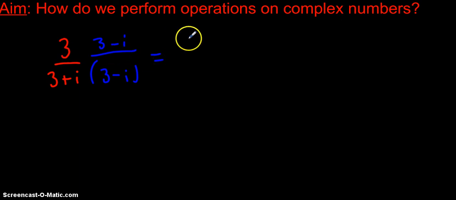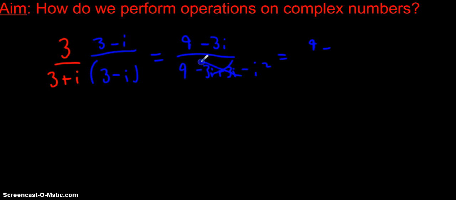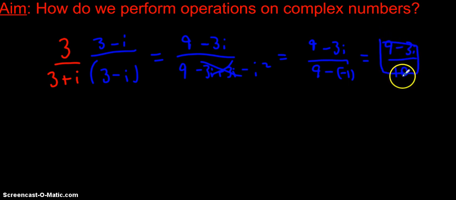So the numerator will become 9 minus 3i, and the denominator will be 9 minus 3i plus 3i minus i squared, which will simplify to 9 minus 3i over 9 minus i squared, which is negative 1. So that's 9 minus 3i over 10. Alright, so because they work like radicals, they simplify similarly.